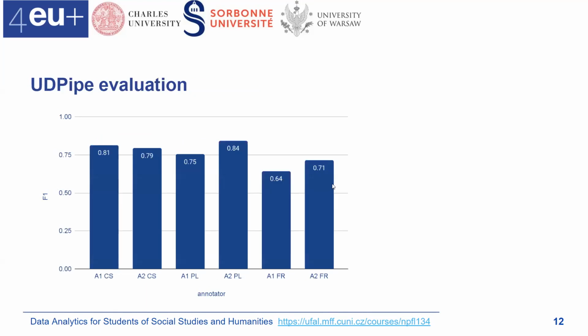And having manually annotated data, we can evaluate the automatic procedure, UDPipe in this case. For each pair of annotator and UDPipe, we can compute the F1 measure as well. So here you can see 6 numbers saying how much a given annotator agrees with UDPipe.